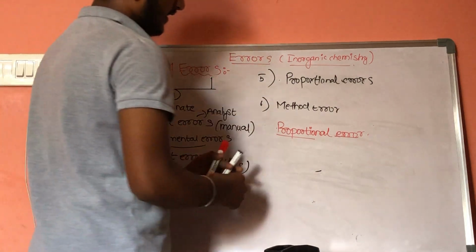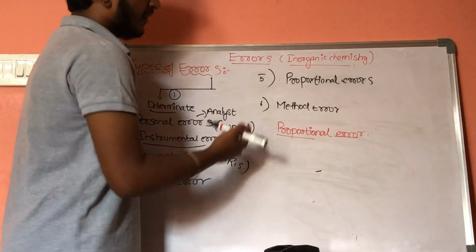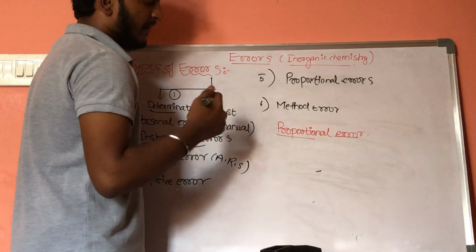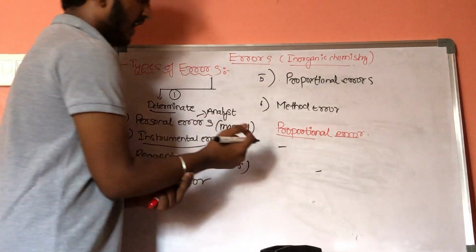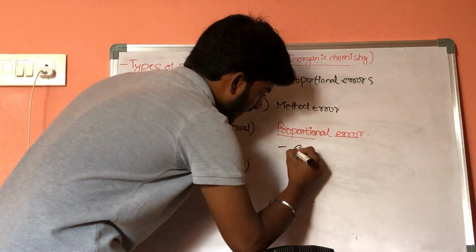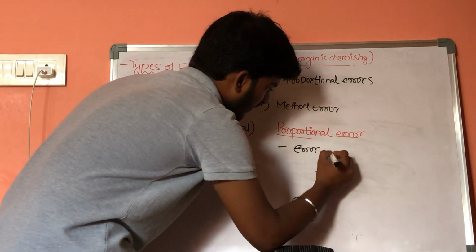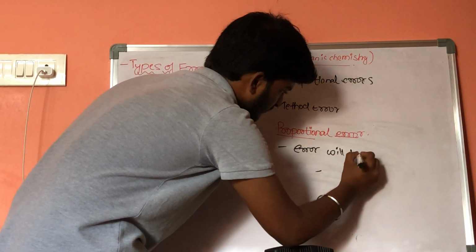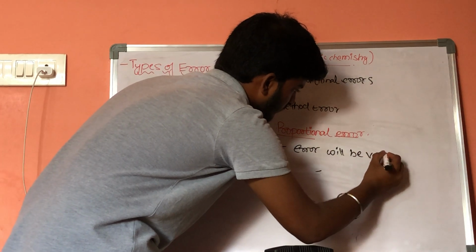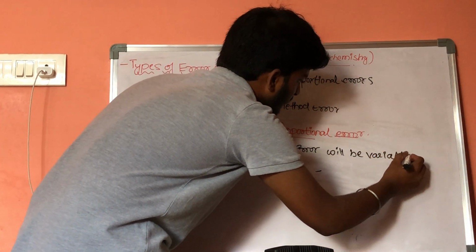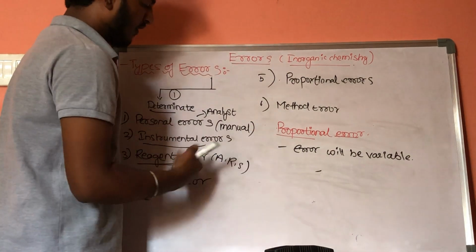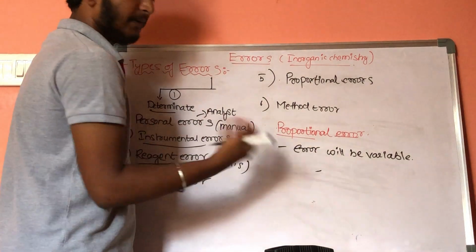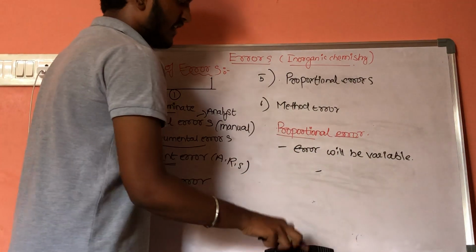In this proportional error, the error which is formed during the analysis process will change as we increase or decrease the volume of analyte. The error will be variable. As we increase or decrease the volume of analyte or reagent, the error which is formed will be variable according to that analysis process.